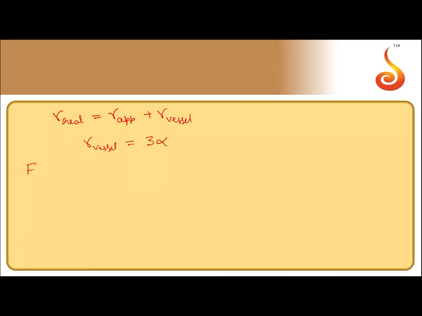So, for vessel A, gamma real is equal to gamma 1 plus 3 alpha.